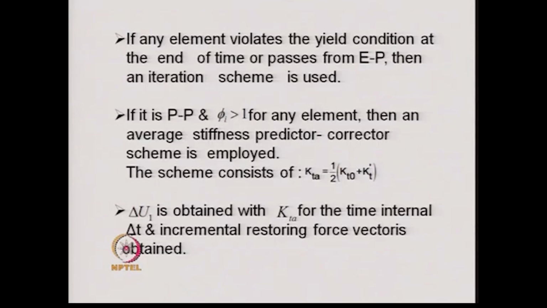This scheme consists of finding the tangent or transient stiffness of the element, and this is an average transient stiffness consisting of the initial transient stiffness of the element, that is at the beginning of the time step, and k dash t, the transient stiffness at the end of the time step.